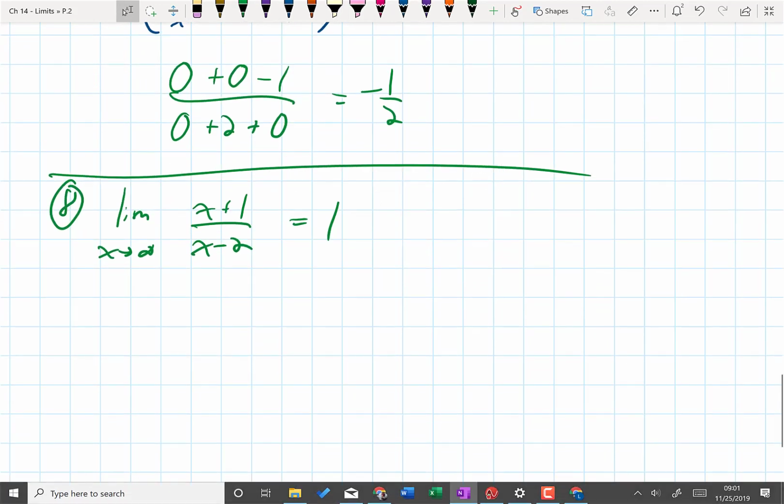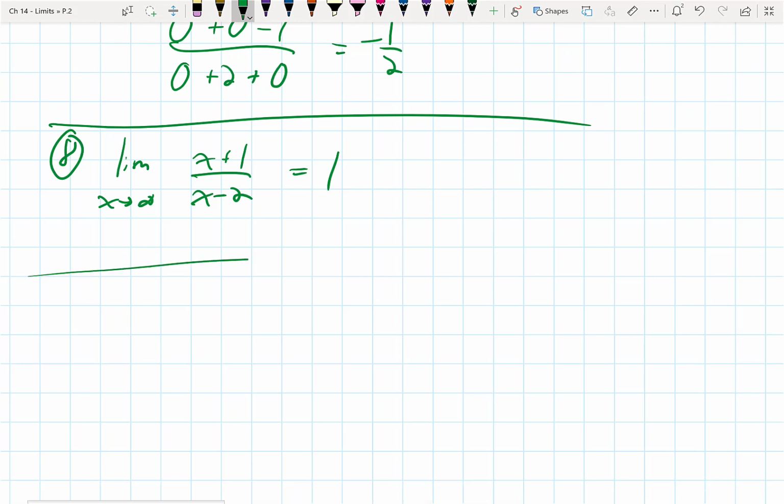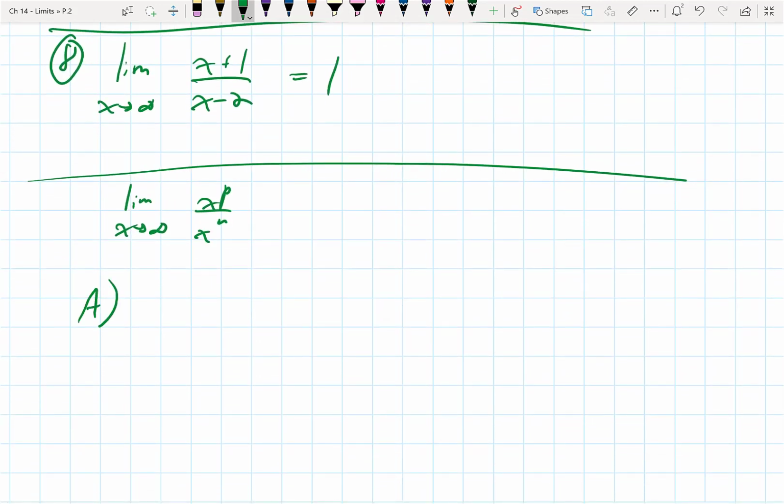And this is the rule that we have, and I want to summarize this in general. Let's write this in math speak. We'll do the limit as x approaches infinity of x to the p over x to the n, and we'll put a little a.